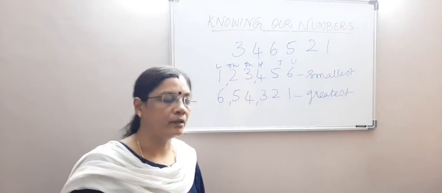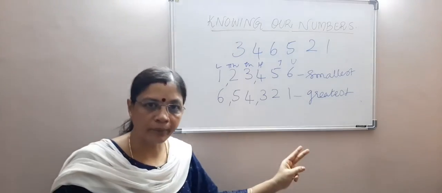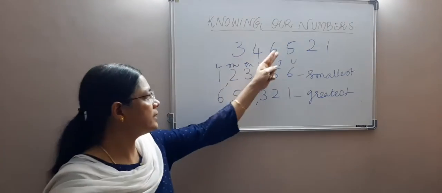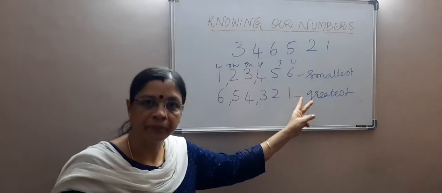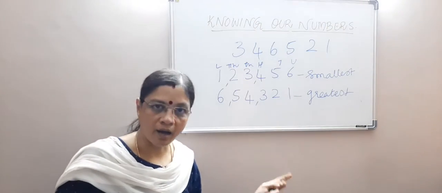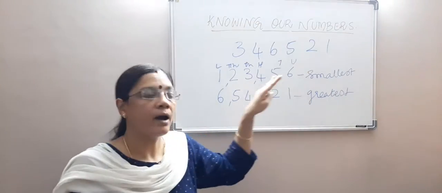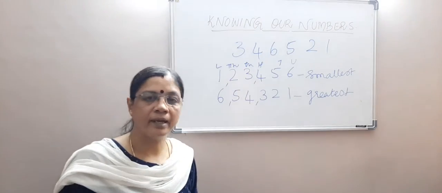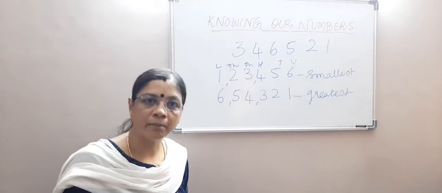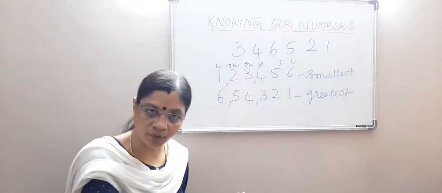When you observe, the digits used to build the number have not been repeated, because as many digits as are there, I have used the same number of digits in the number. Suppose you are asked to build a number with 7 digits or 8 digits, more than the number of digits given.